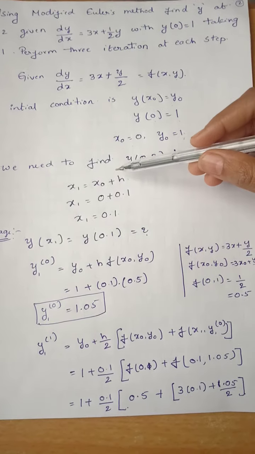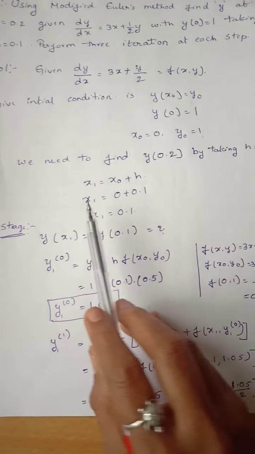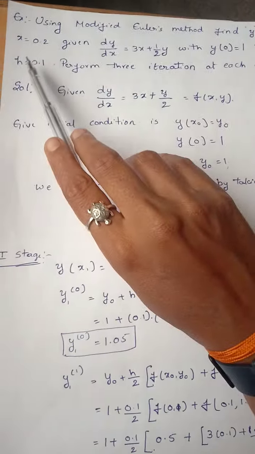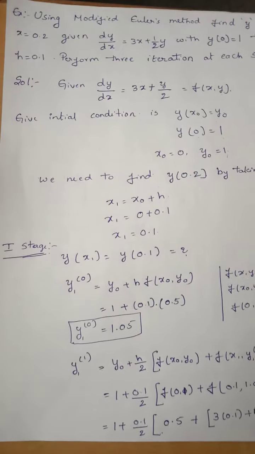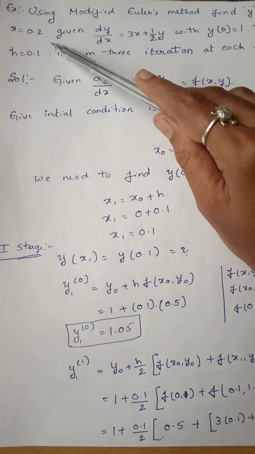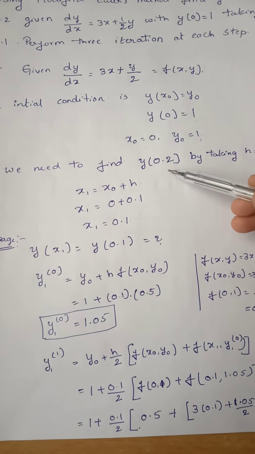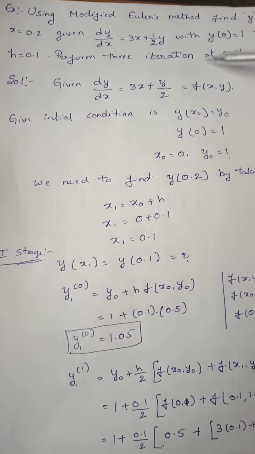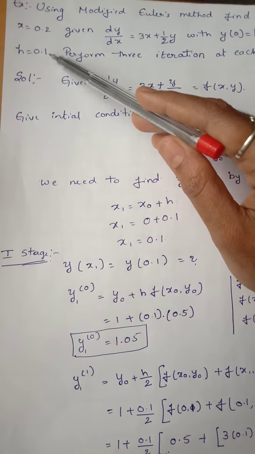From the problem, we have to find the value of y at x equal to 0.2, but here they gave the step size 0.1.